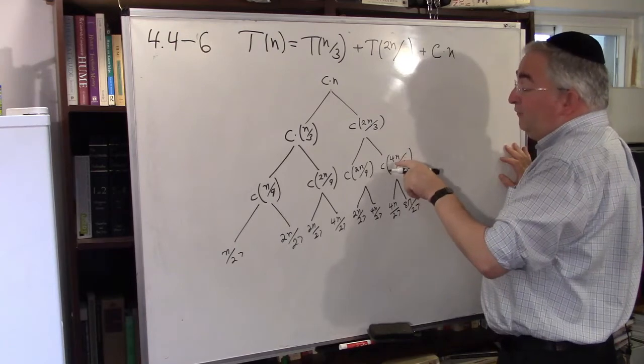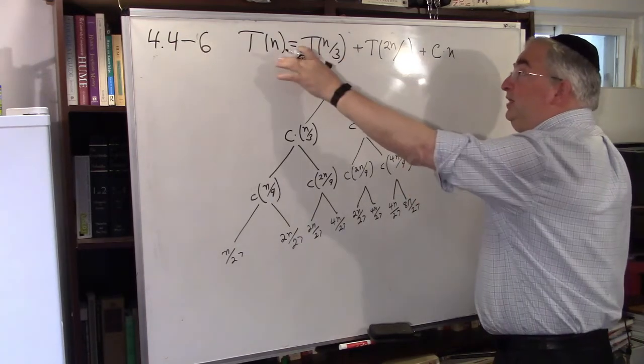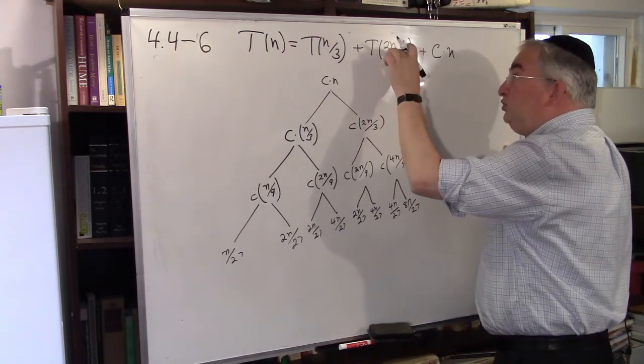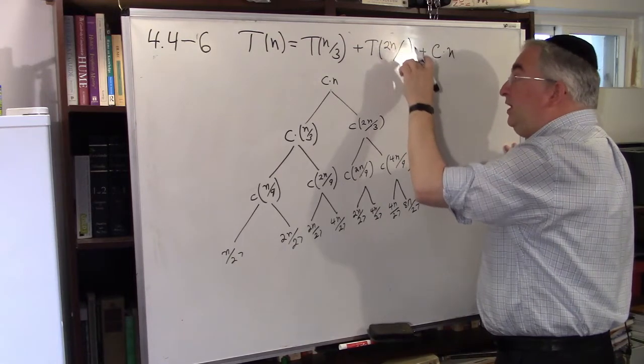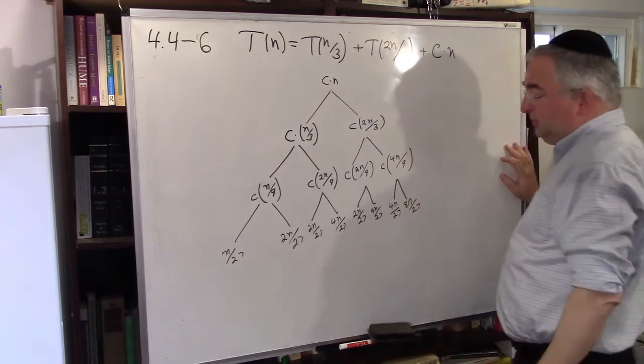Plug in 4n over 9 into here: 2 times 4 is 8, over 3, so that becomes like this.